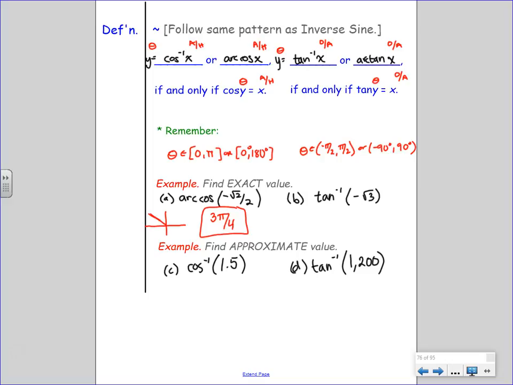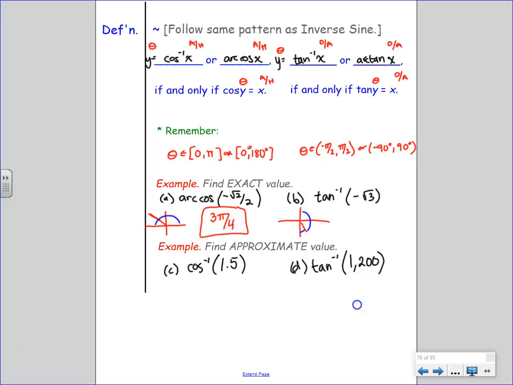Now tangent. Remember, we're looking for cosine in these two quadrants. Tangent, what two quadrants are we looking for him? 1 and 4, right? Where is tangent going to be negative, 1 or 4? 4. Do you remember when tangent goes with root 3? That's the 60 degree, right?